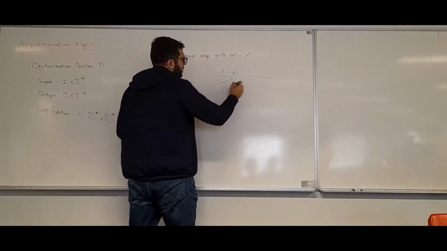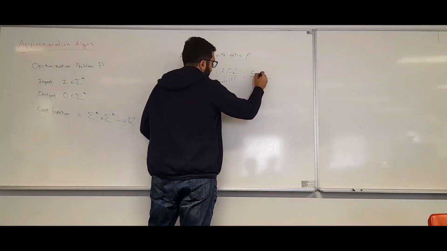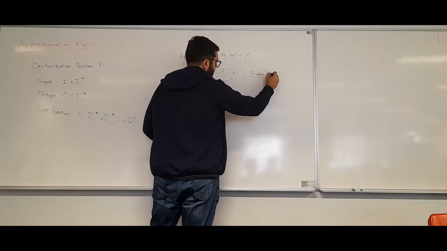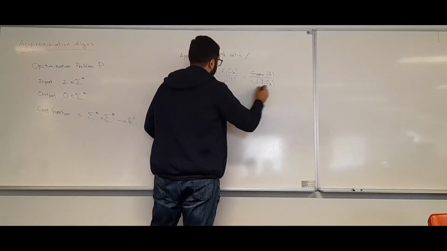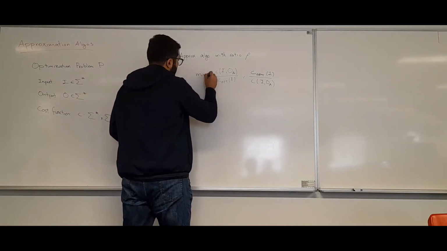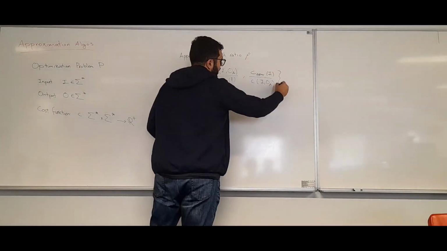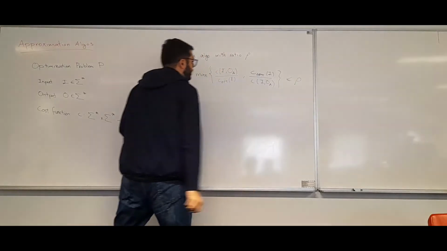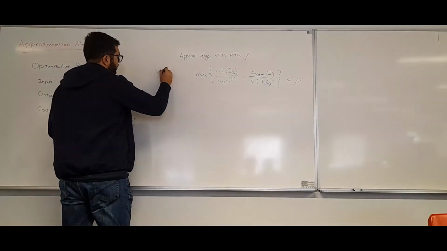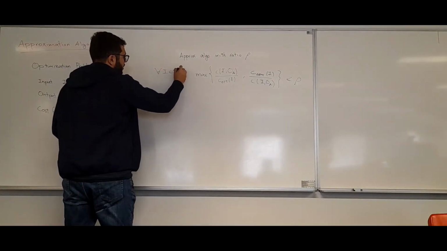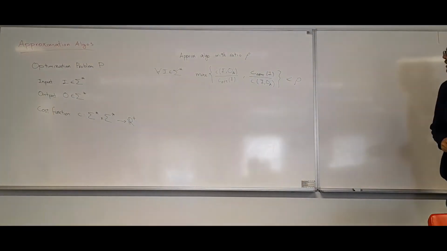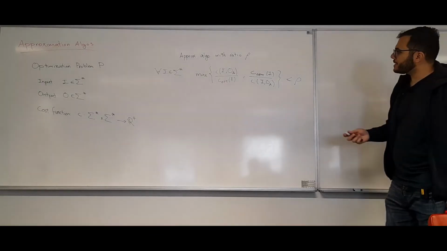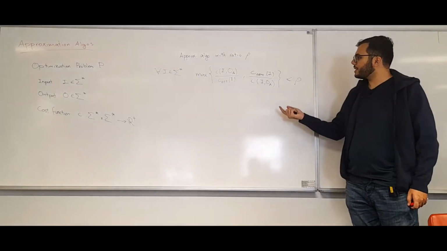Let's take this number and let's take its multiplicative inverse, and let's take the maximum of these two. And let's say that this has to be at most rho, and it has to hold for every input I. Okay. So this is just a nice trick that people use a lot.